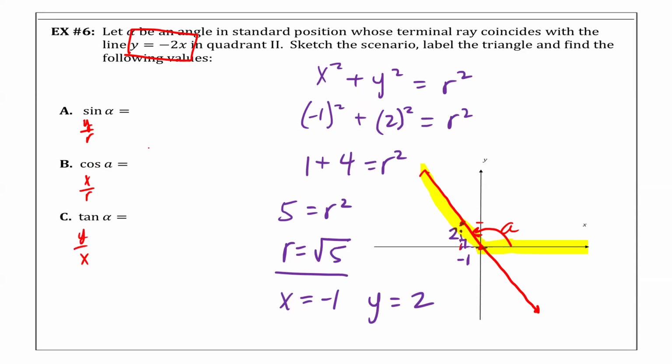All right, so for sine theta, fractions are our friends. So y over r. So we should have 2 over the square root of 5. The only thing here is that they will not accept this as a mathematically correct answer. You cannot have a radical in your denominator as your final solution.